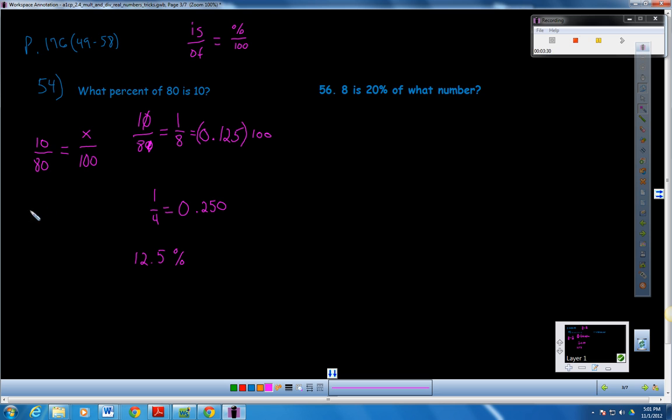If you work this out, you get x equals 10 times 100 divided by 80. 10 times 100 divided by 80. Well, I know, Mr. Claxon, come on, let's get rid of some of these zeros.